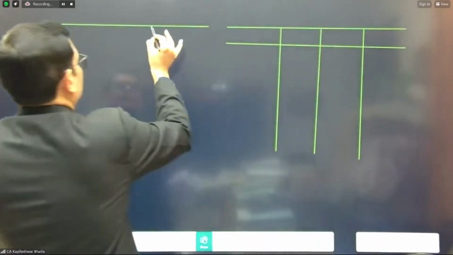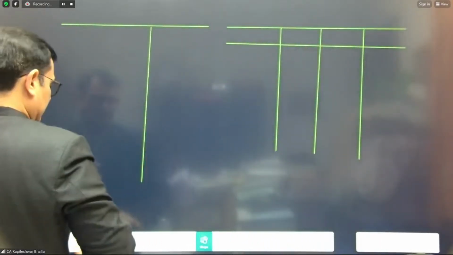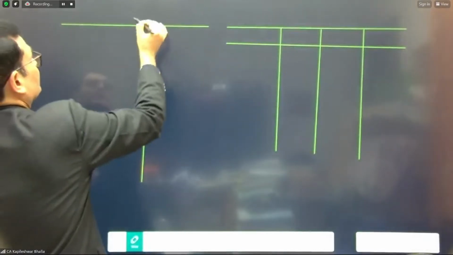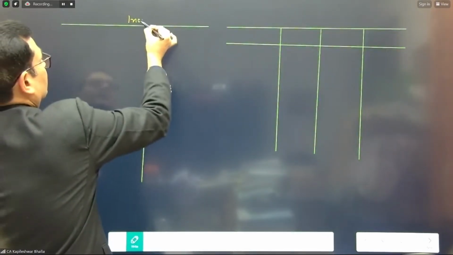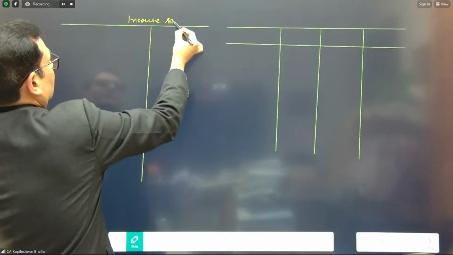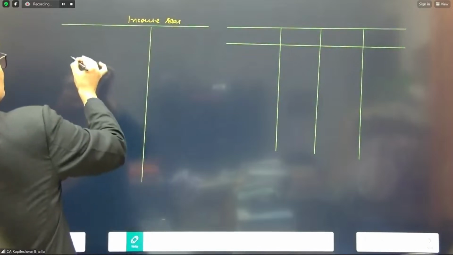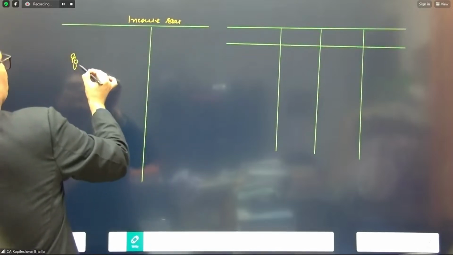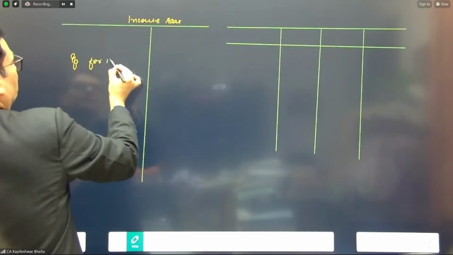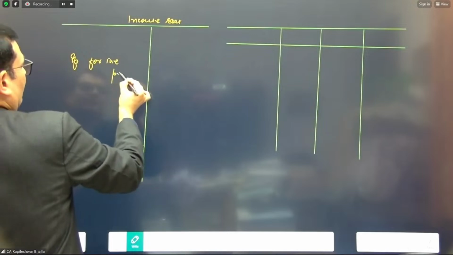Now, let's consider that this is an extract in terms of the profit and loss. Let's say this is the income statement, and you've got a profit or loss for the period. You get a profit for the period, that is 1.